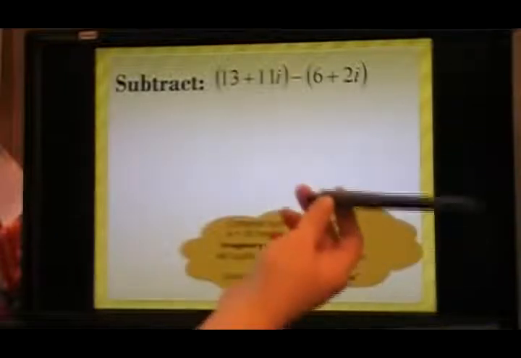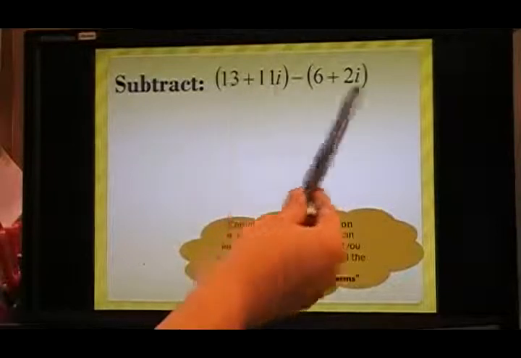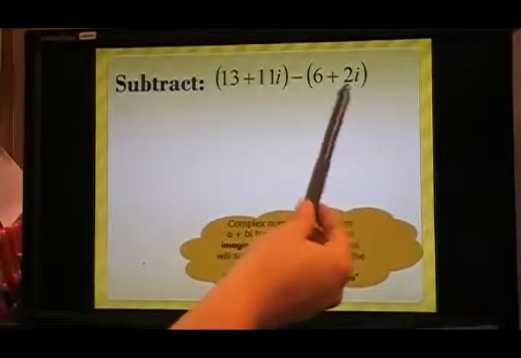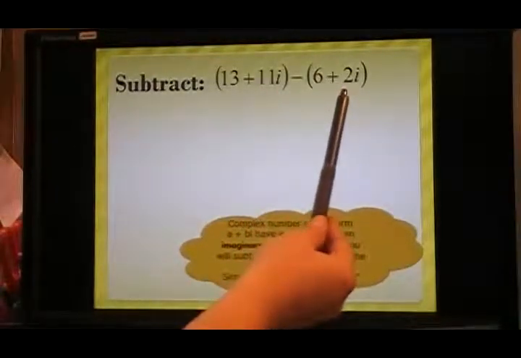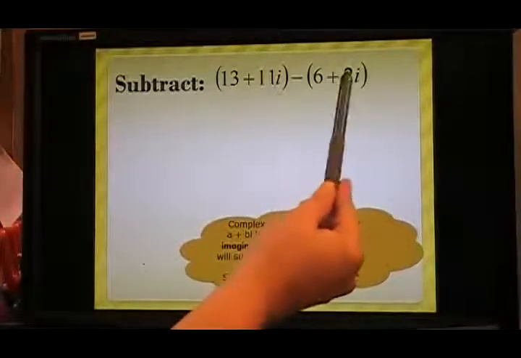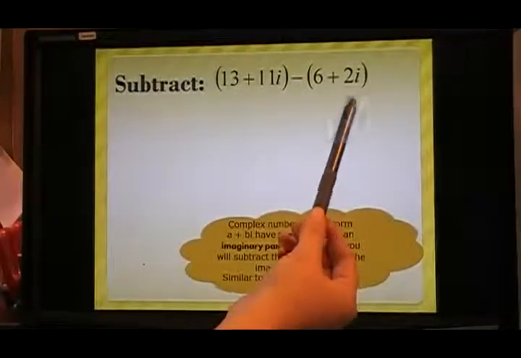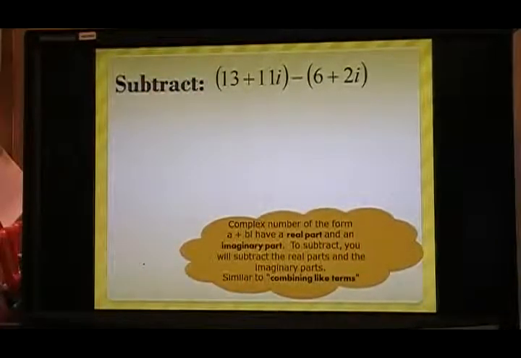What it boils down to in terms of manipulations is that you would treat these complex numbers in the same way you would treat a binomial that had a variable x. Okay? i is not a variable, but we do treat it in the same way in our algebraic manipulations.